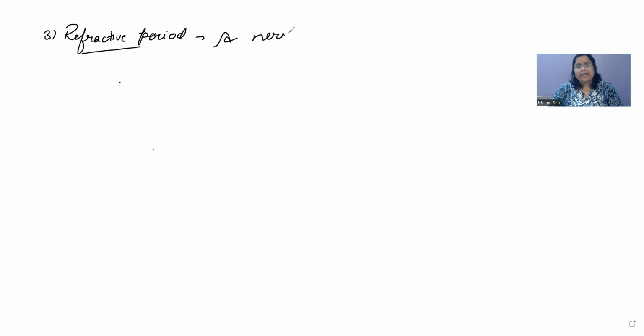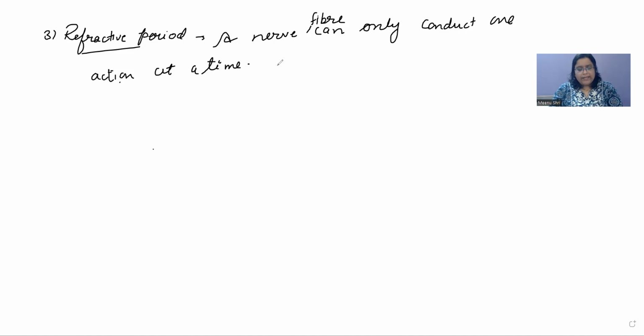A nerve fiber can only conduct one action at a time. So its excitability is reduced during conduction.